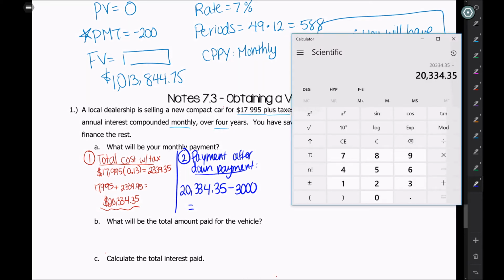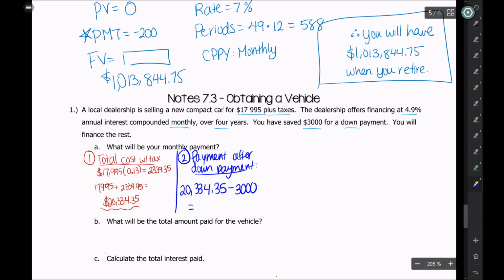So I'm going to subtract $3,000 from that, and I end up getting $17,334.35. So we know this is how much is being financed.